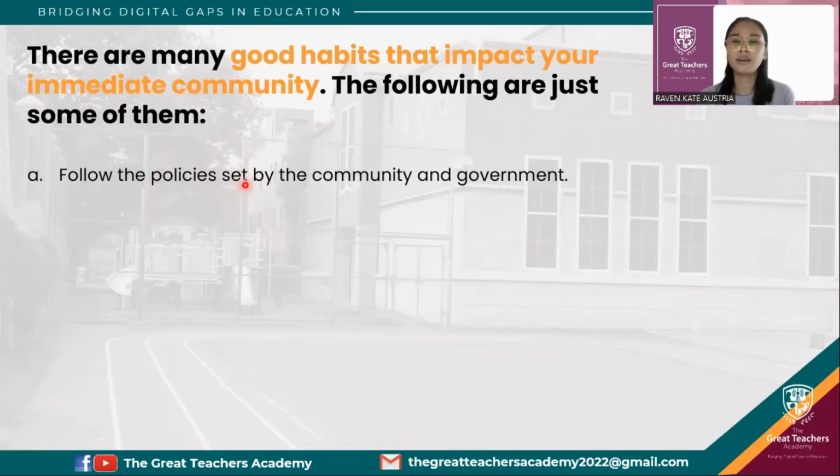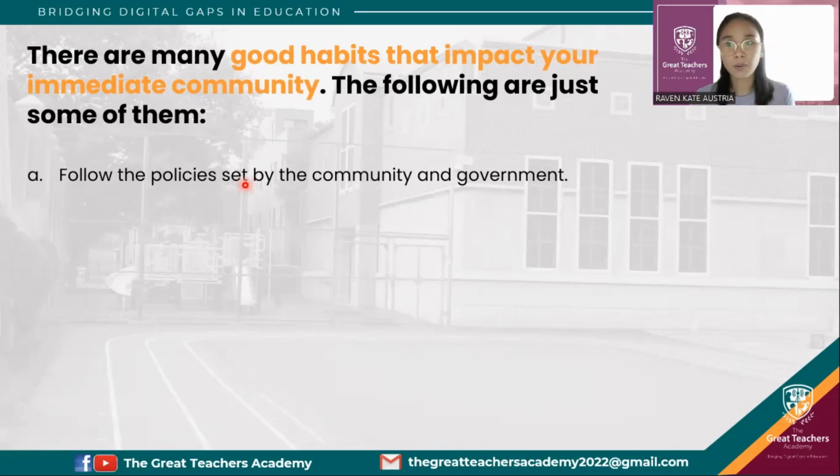Like for example, tumawid sa tamang daanan, bawal magtapon dito, or bawal lumabas ng ganitong oras. So these are some of the policies which are set by the community and government.